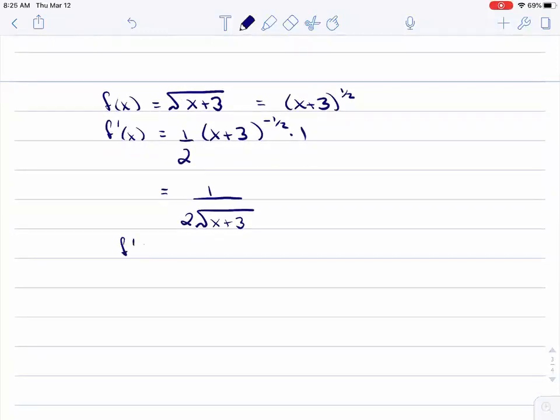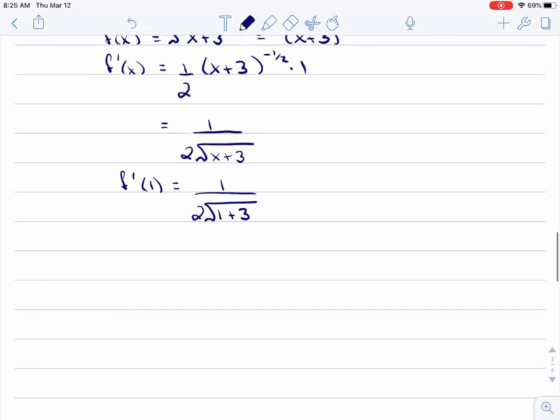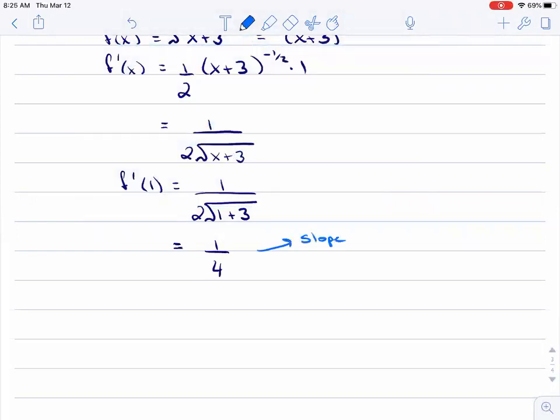So f prime at x equals 1, because that's the point we're interested in, is going to be 1 over 2 root 1 plus 3. So I've got 1 over 2 times 2, which I'm just going to go straight to 1 over 4. So that's the slope of the tangent line at x equals 1.